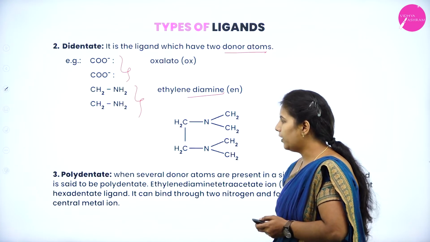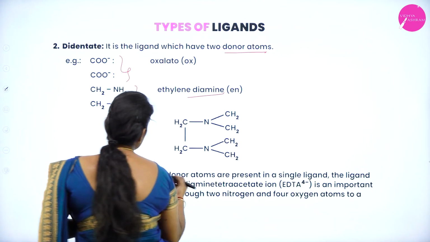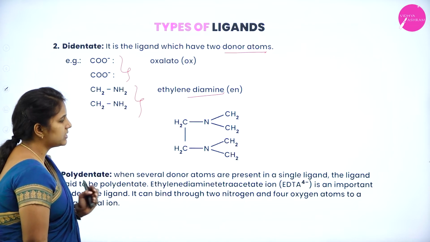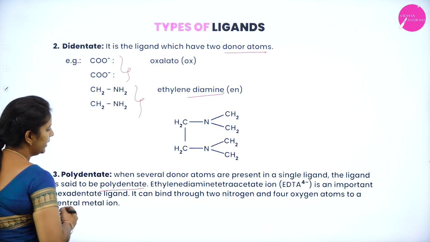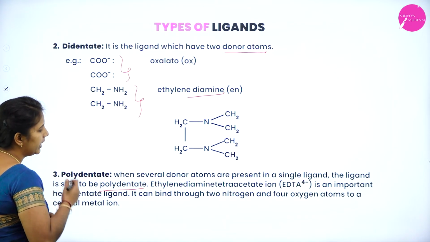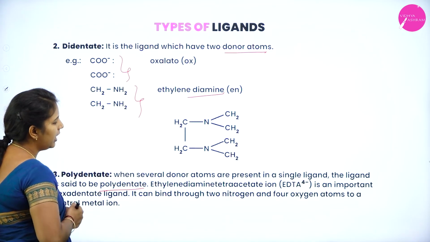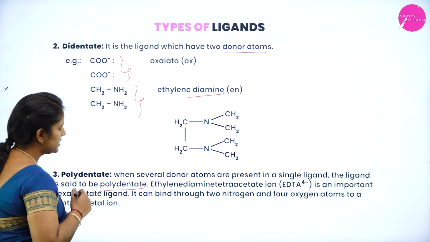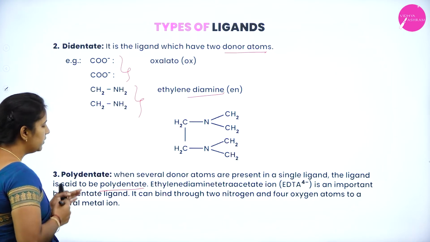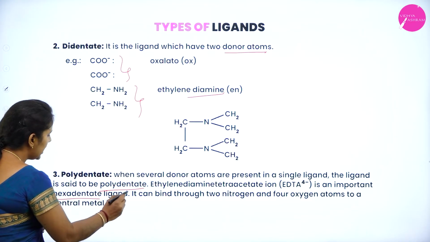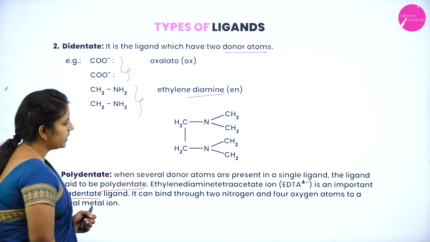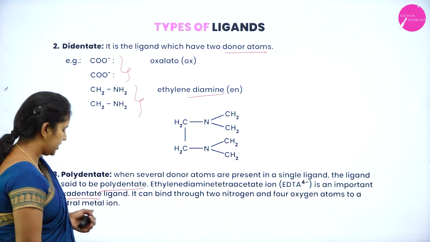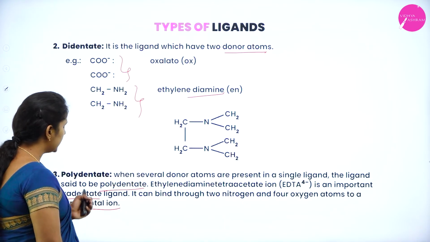I'll go with the polydentate ligand. When several donor atoms are present in a single ligand, the ligand is said to be polydentate. An important example is the ethylenediaminetetraacetate ion, also known as a hexadentate ligand, which can bind through the nitrogen atoms and the 4 oxygen atoms to the central metal atom.